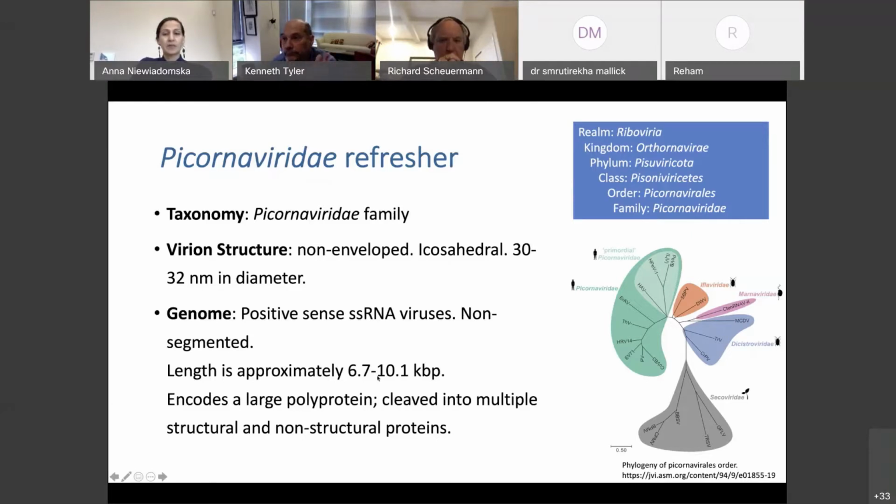They're only about 6.7 to about 10 kilobase pairs per genome, and again, this varies depending on the family, and they're quite diverse. Within this genome, it encodes a large polyprotein, which then is cleaved into multiple proteins and smaller peptides that form both the structural and non-structural proteins for these viruses.